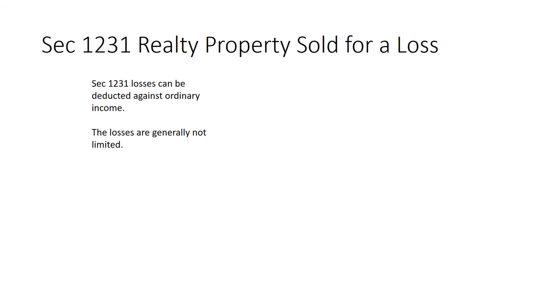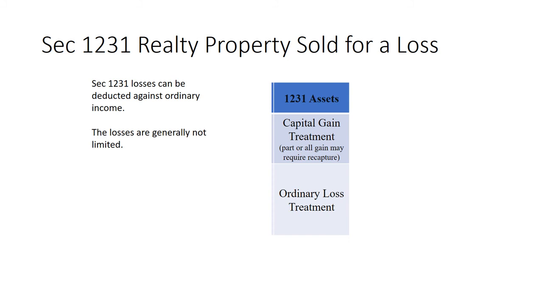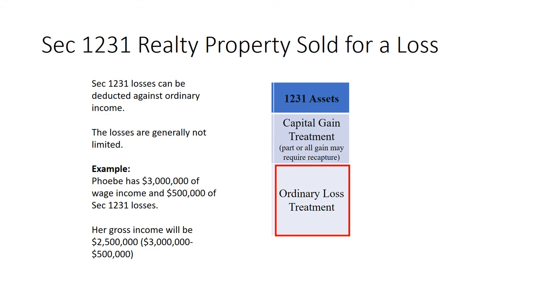Okay, let's talk about Section 1231 realty property sold at a loss. Now, Section 1231 losses can be deducted against ordinary income, and those losses are generally not limited. Okay, because as you can see, if you have a loss on Section 1231 assets, they get ordinary loss treatment. So, for example, Phoebe has $3 million of wage income, good for Phoebe, and $500,000 of Section 1231 losses.